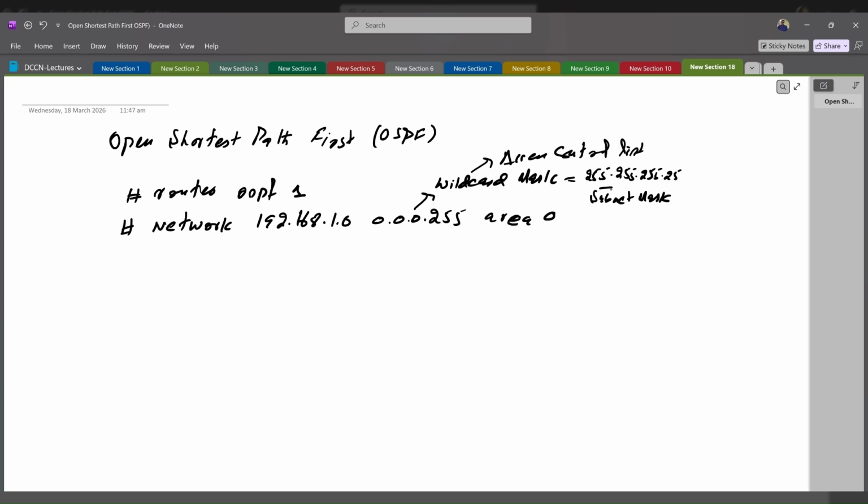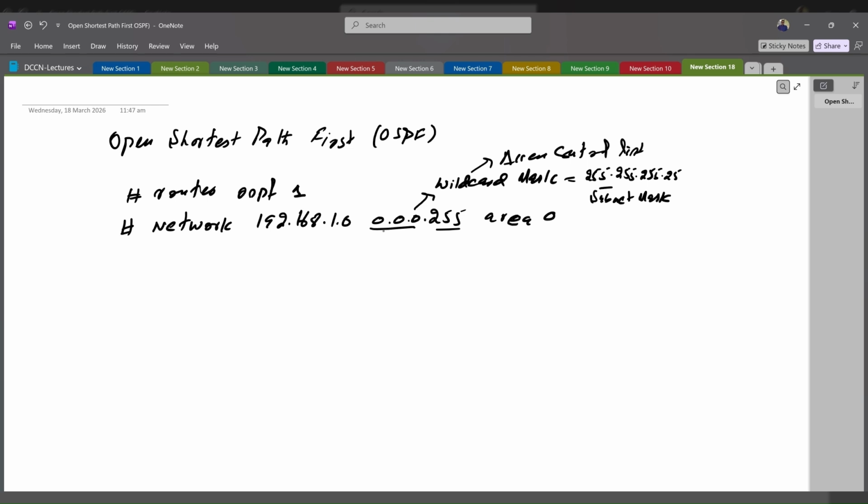So the wildcard mask indicates which bits of the IP address should be ignored, which we talked about last class. For example, zeros should be matched. All these zeros must be matched. And all the ones, I mean, 255 means all ones in this octet, can be ignored. So it's important from where the packet, the data, is coming in, the network, and from that network, any machine's data can be passed on.